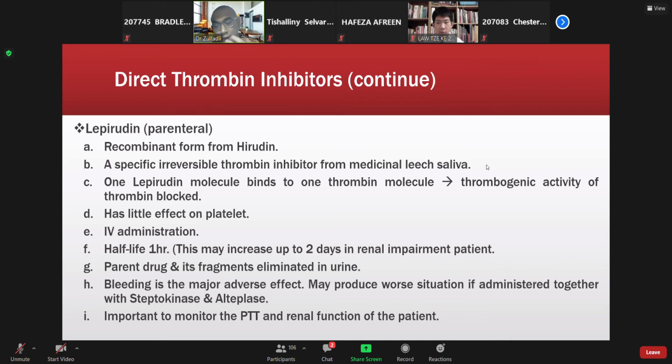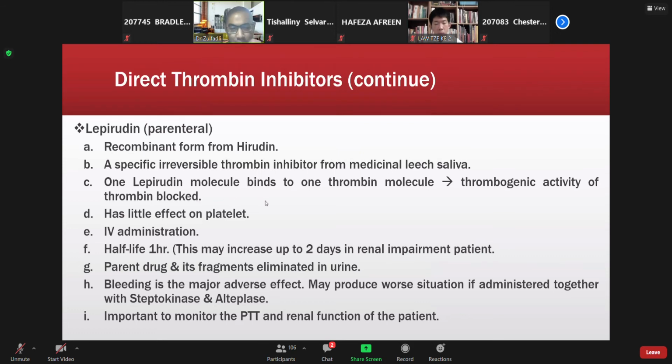Even leech is used in some of the diabetes mellitus patients. They try to, what we call it, to lyse the fibrin. So the saliva from the leech is modified and becomes lepirudin.